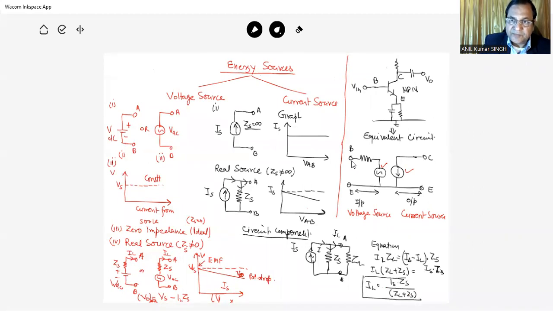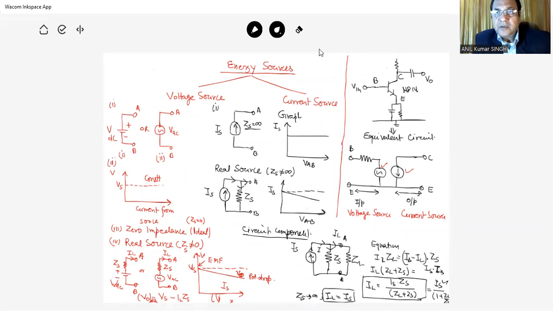This is the current expression. You can also write it as IS divided by (1 plus ZL by ZS). If ZS tends to infinity, then IL is equal to IS. This is deduced from this equation.